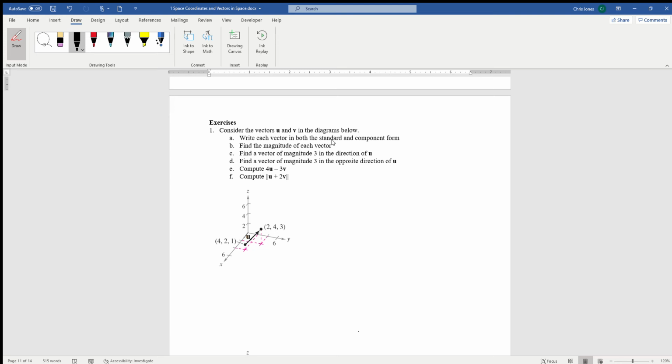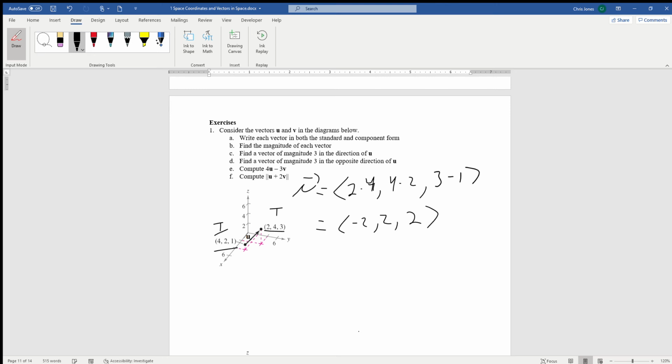Vector u is going to be equal to terminal minus initial. So this is the terminal point and this is the initial point. We're just going to say that's going to be 2 minus 4, comma, 4 minus 2, and then 3 minus 1, otherwise known as negative 2, 2, 2.